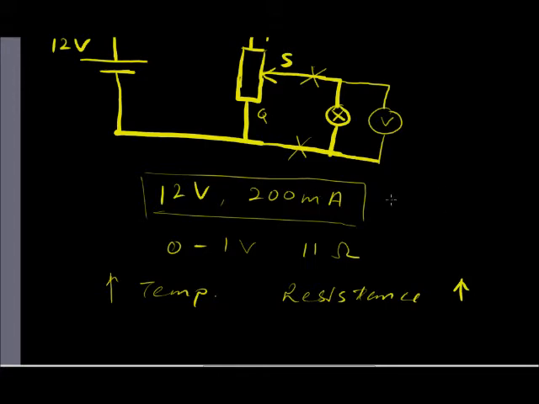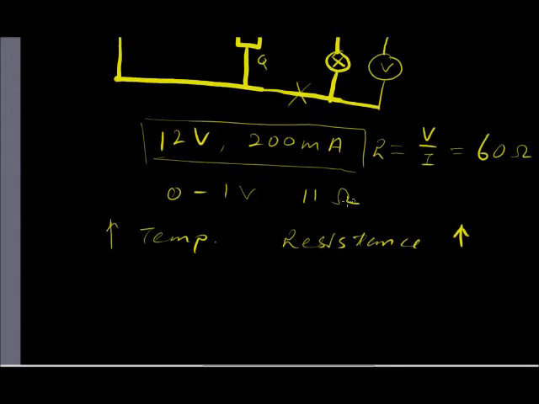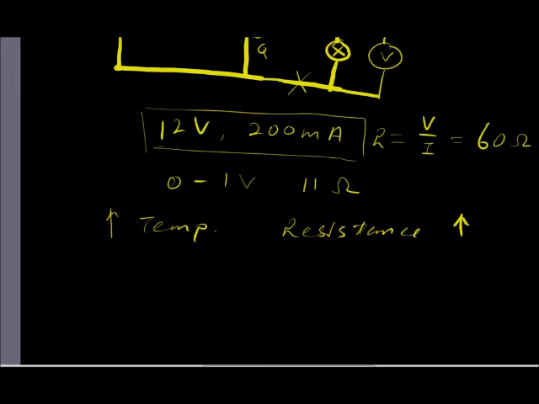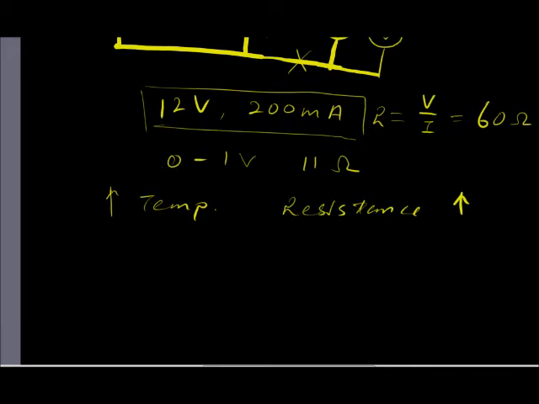If we calculate the resistance of the lamp at the normal operating point, we need to divide the voltage by the current, which gives us 12 divided by 0.2, and that will be 60 ohm. So we can see that the resistance of the lamp actually increased by a factor of 6 when the lamp is operating at the normal point as opposed to 0 to 1 volt.